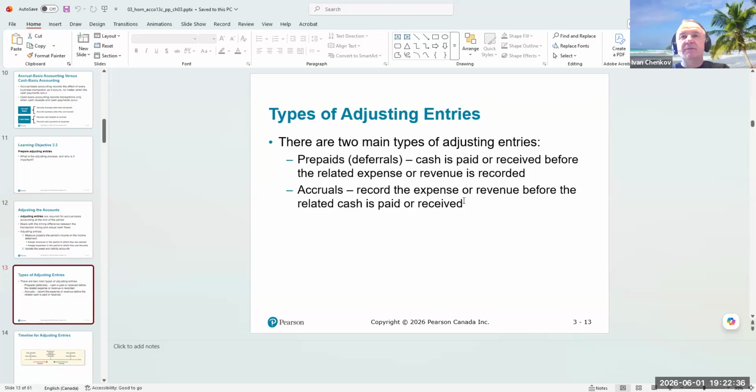And once I deliver some of the services, I'm going to move the liability into revenue. That's the deferrals. Now let's see the accruals. Accruals are the opposite. We're going to recognize the expense before we pay the cash, and recognize the revenue before we receive the cash.